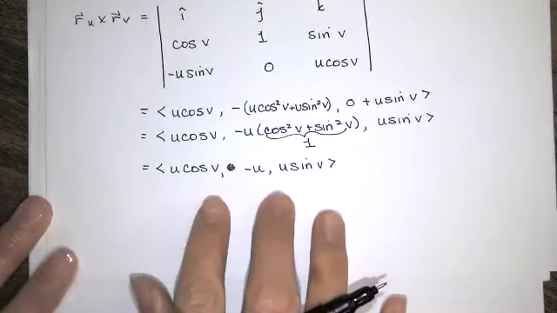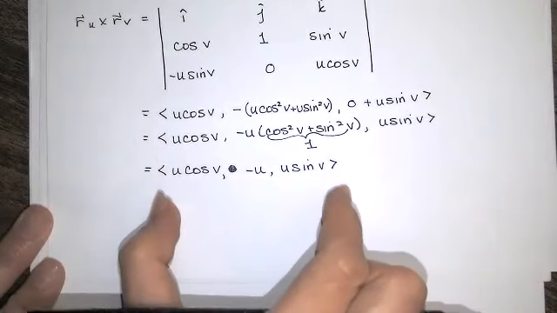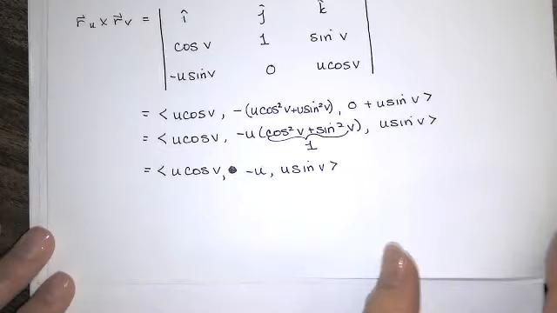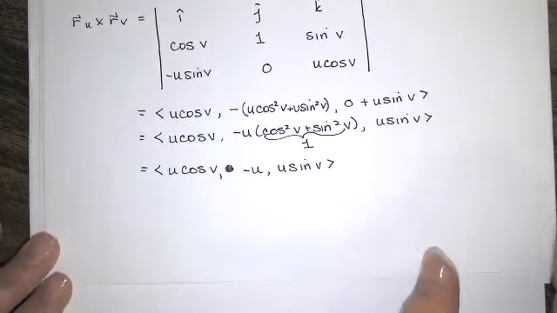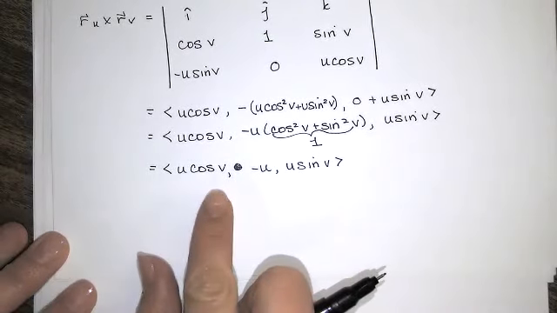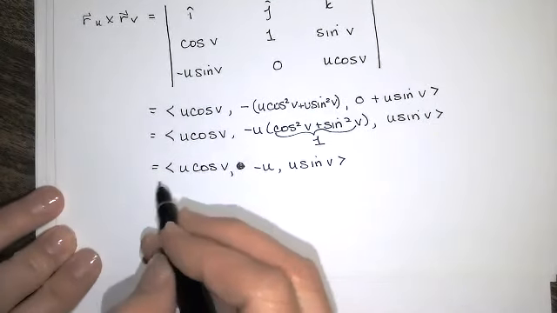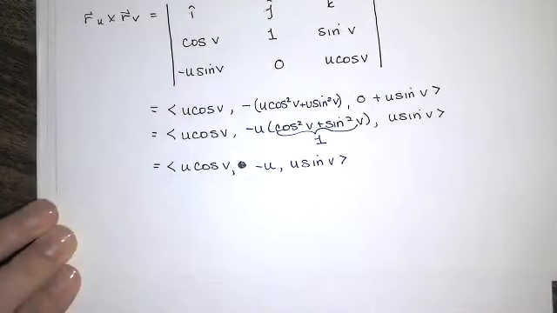Now that is the cross product, which would give us the normal vector at any uv value in that domain that they gave us. But we don't want the normal vector. What we want is the surface area, which turns out to be the magnitude of the normal.